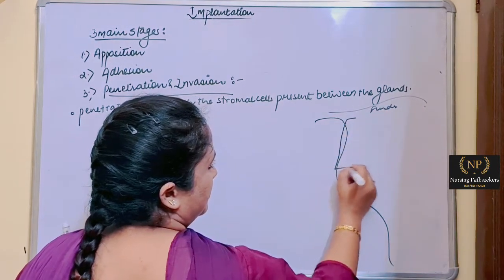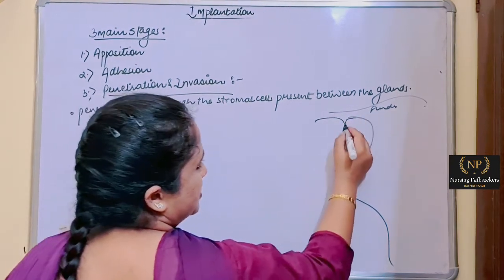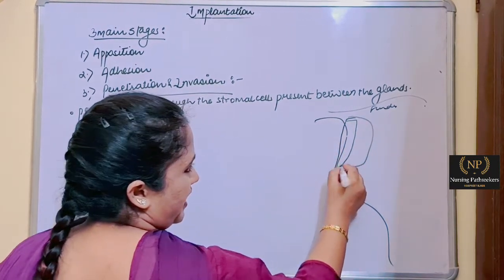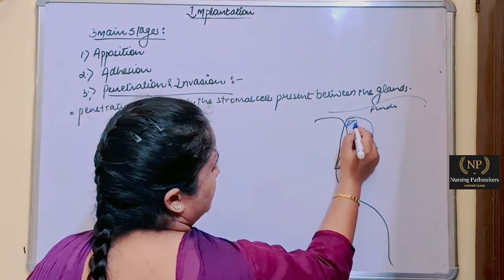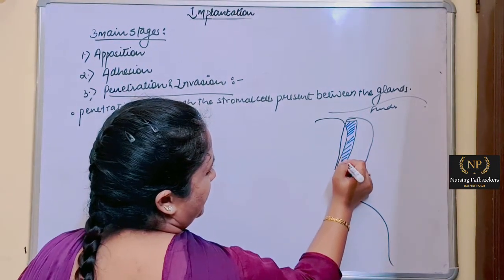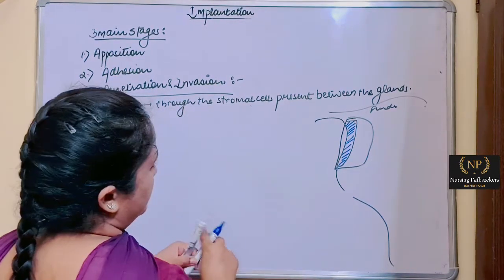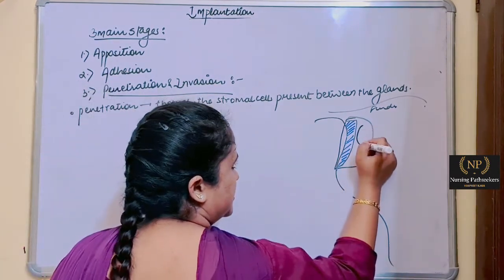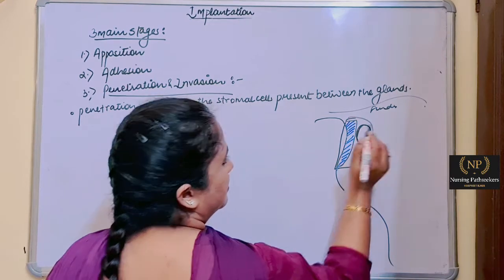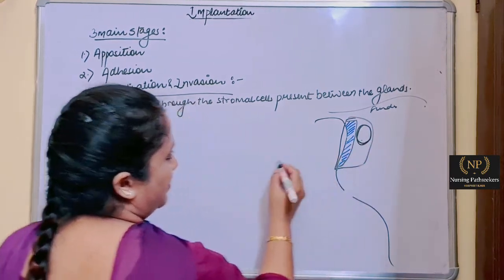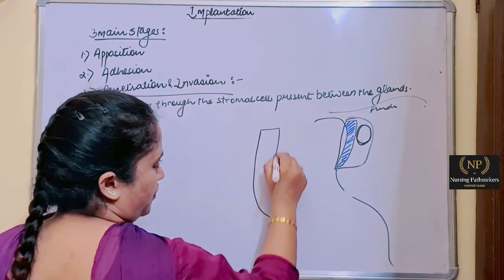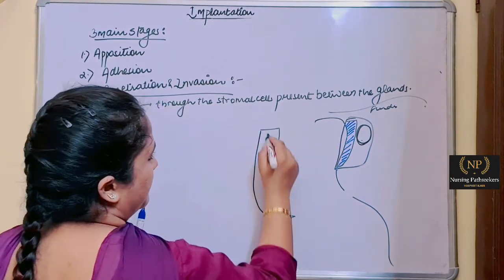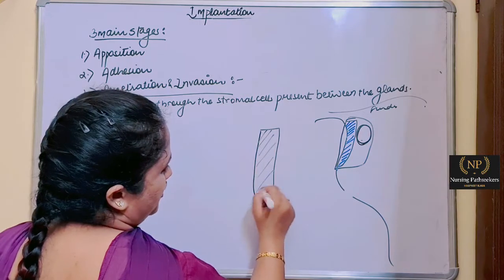Here the implantation has to take place. So this is the endometrial lining, and this is the blastocyst. This thing we are going to view here.